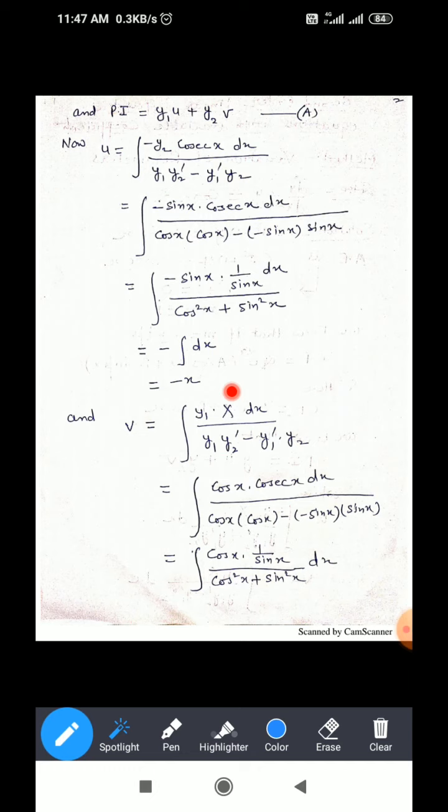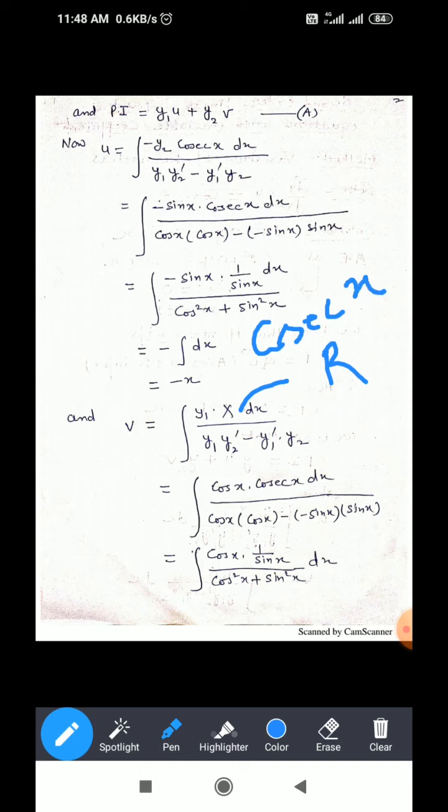Now similarly we are going to calculate v. Here v is equal to integration of y1 r dx upon y1 y2 dash minus y1 dash y2. Remember that here r is cosec x.